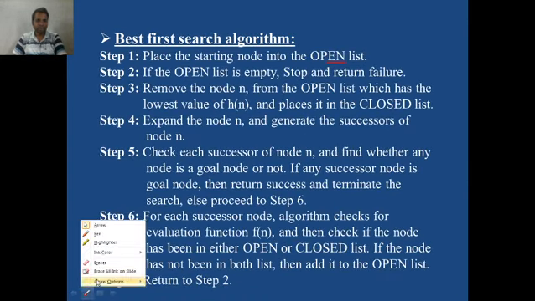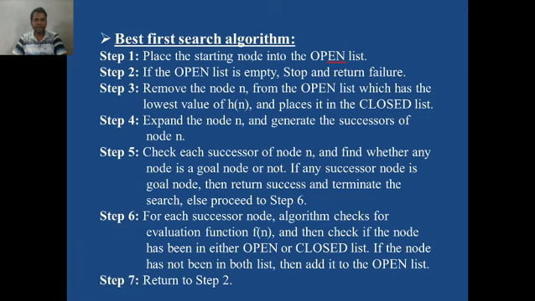So here again we will go through the algorithm. Step 1, place the starting node or initial state into the open list. Step 2, if the open list is empty, then stop and return failure. Step 3, remove the node n from the open list which has the lowest value of h of n, and place it in the closed list.